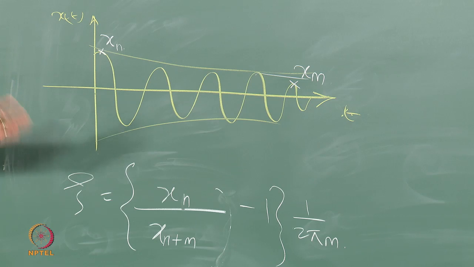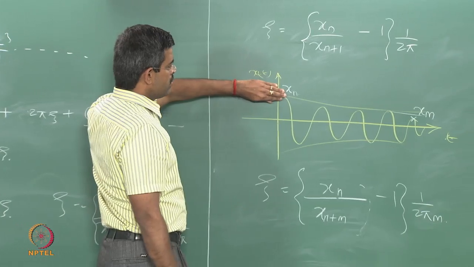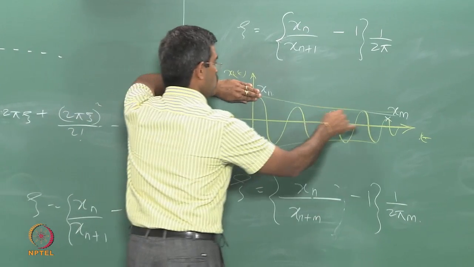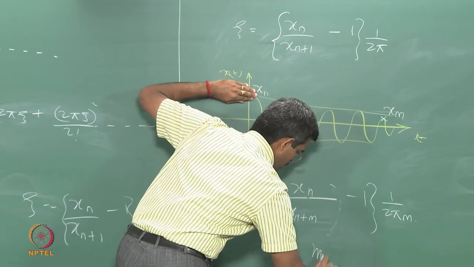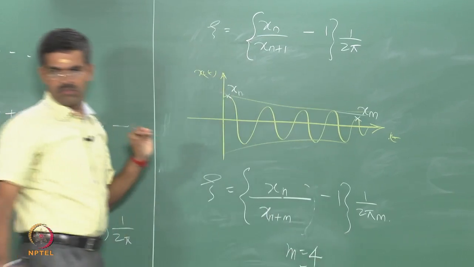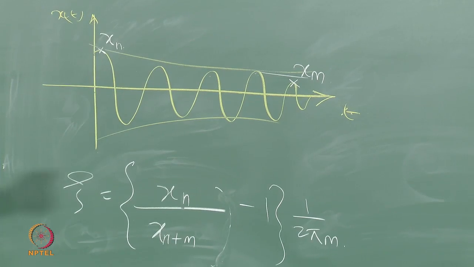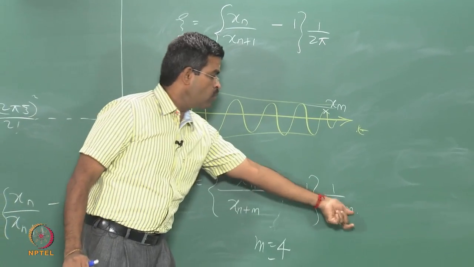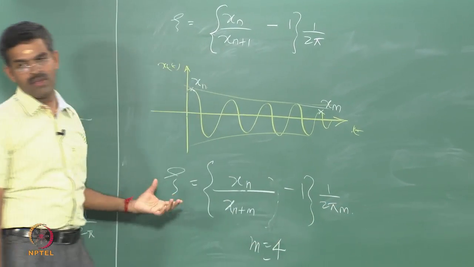Now, in this example, what will be the number m? So, leave this peak, start counting from the successive positive peaks 1, 2, 3, 4. So, m in this example will be 4. So, x 1 by x 5 minus 1, by 2 pi m with m equal to 4, will give you the zeta.